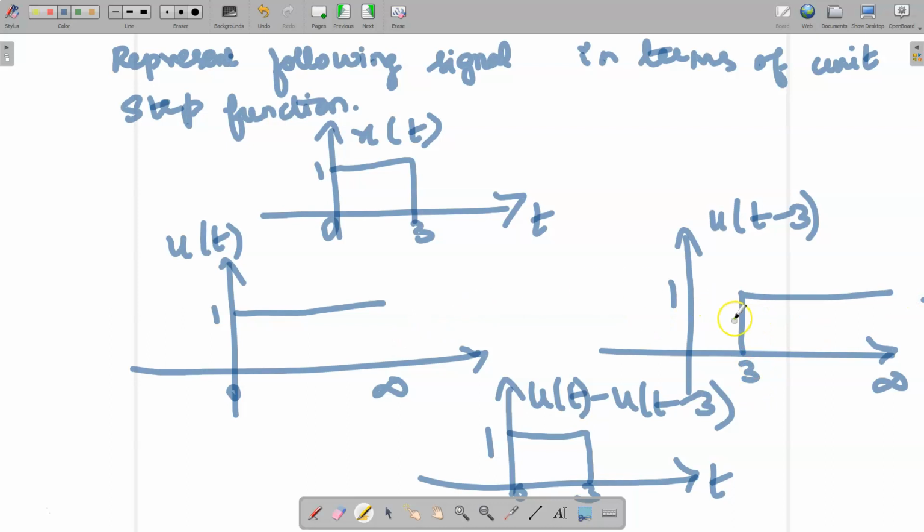So, both I can subtract. u of t minus u of t minus 3 is nothing but this. So, finally I can represent x of t is equal to u of t minus u of t minus 3.